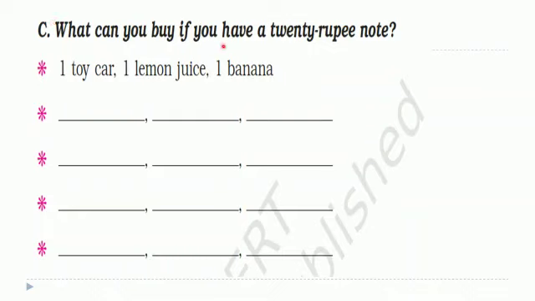Now here they have given, if you have a 20 rupee note, what all things you can buy. You have to see the given cost of the things, and it should not be more than 20 rupees because you have got only a 20 rupee note. So one example they have given: you will buy one toy car, that is 15 rupees, one lemon juice, that is 3 rupees, and one banana, that is 1 rupee 50 paise.